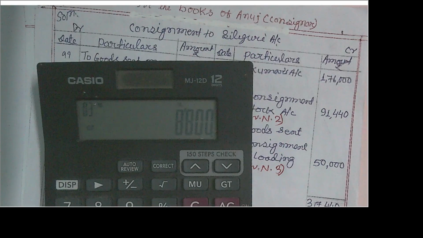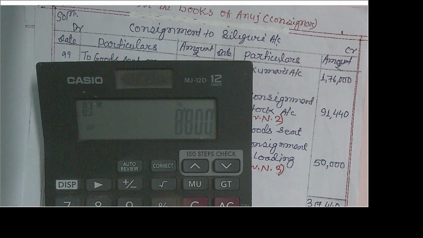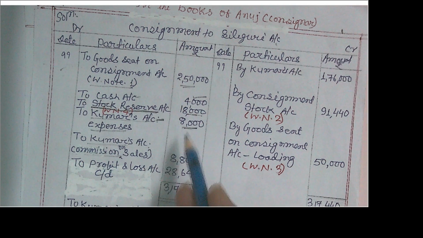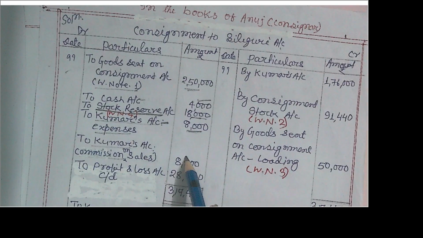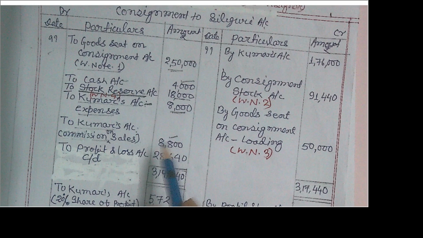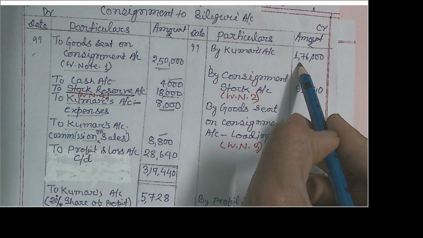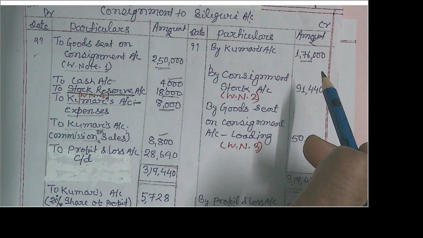You see what amount you are getting: 8,800. This is the amount. Next, what is the value of goods sold? This is to be written here as 1,76,000.